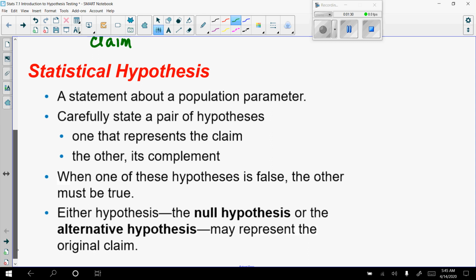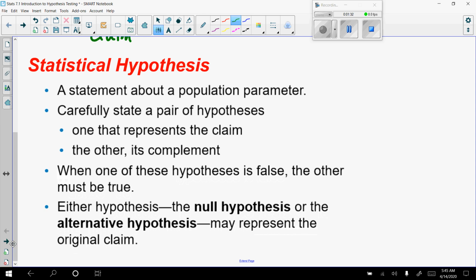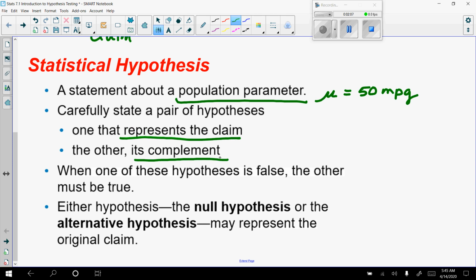In statistics, a hypothesis is a statement about a particular population parameter. In this case, it was that the mean is equal to 50 miles per gallon. That would be the parameter that we're talking about. When you are doing a statistical hypothesis test, you need to state one pair of hypotheses: one that represents the claim and the other one is its complement.